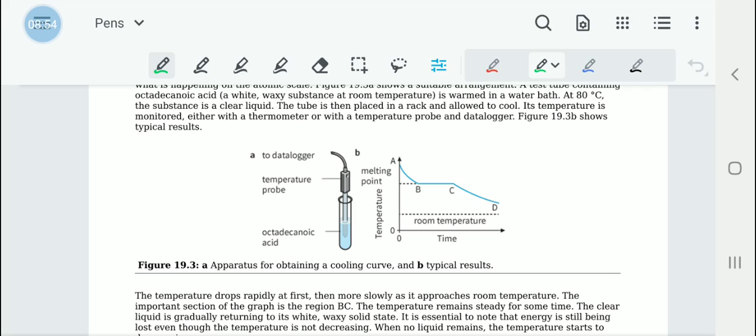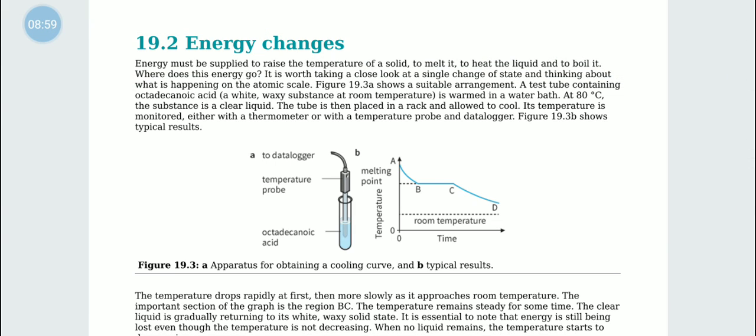During this period, from B to C, you can see that there is no change in temperature. The reason is that it still gives off heat energy, but that heat energy is used to change the state instead of dropping the temperature. That is what you need to understand.